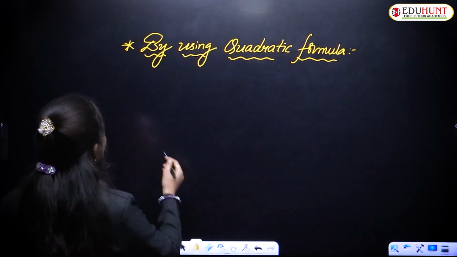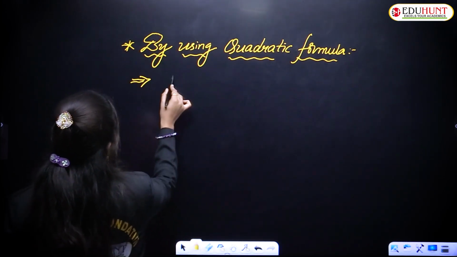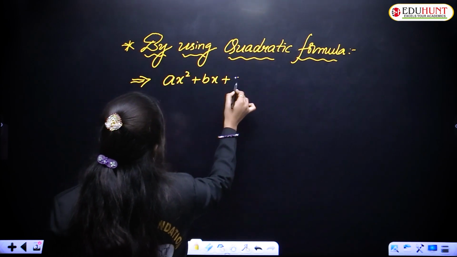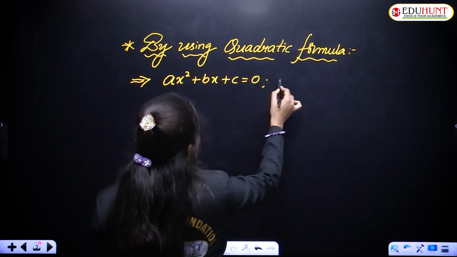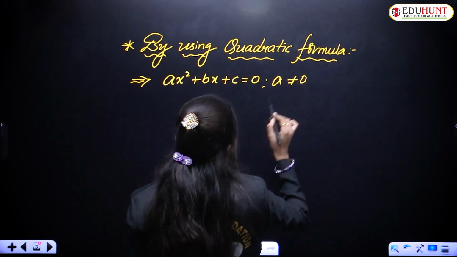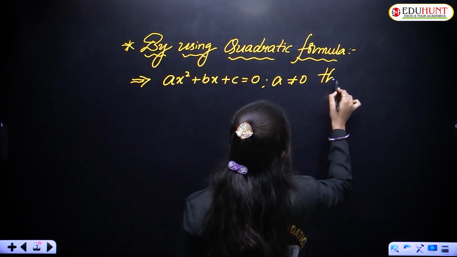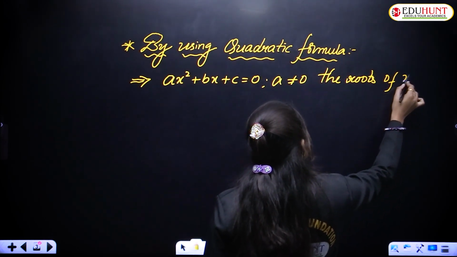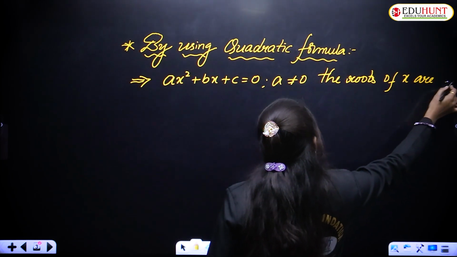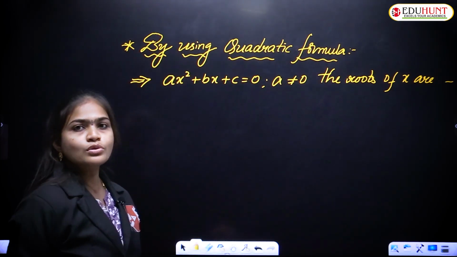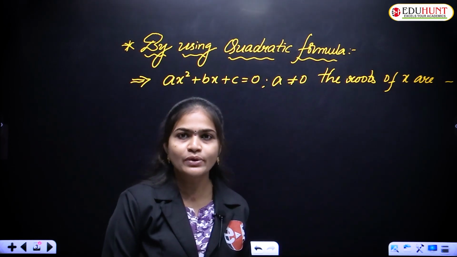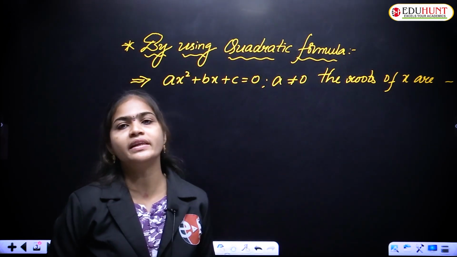So, children, if the quadratic equation is ax square plus bx plus c is equal to 0, and here a not equal to 0, the roots of x are, okay. So, here we need to find the roots of x. In the completing a perfect square method, at last we got the x value.